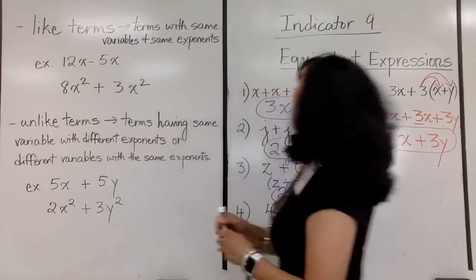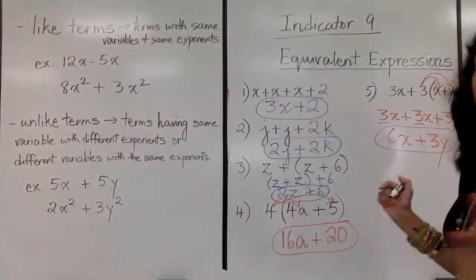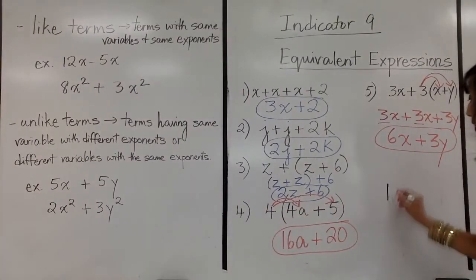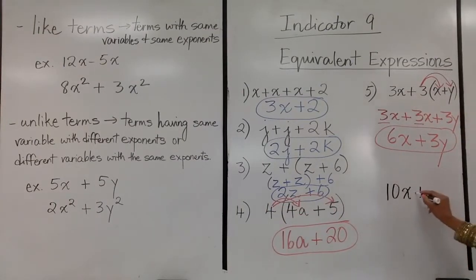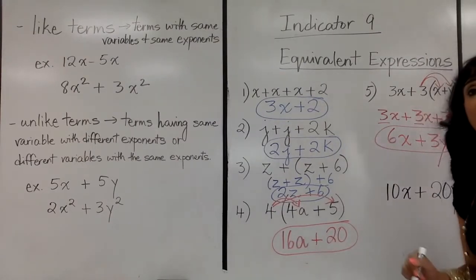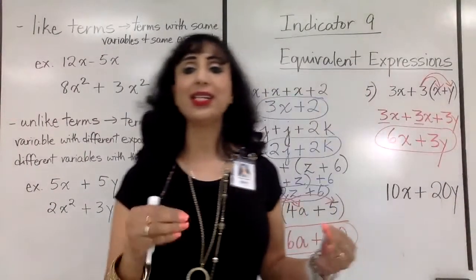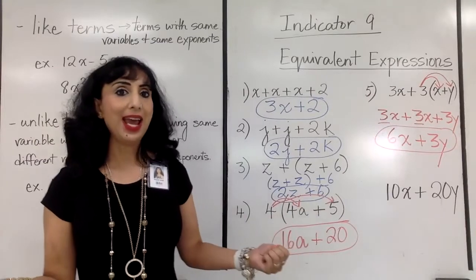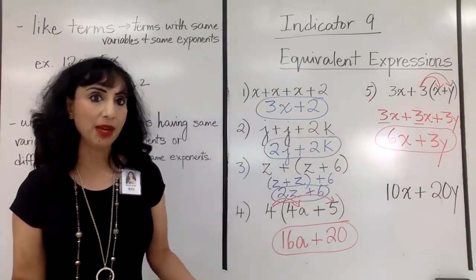And one last thing also I want to show you is factoring. So if I had, let's say, 10x plus 20y, and it said find an equivalent expression, I could look at 10 and 20, and I can see that 10 is something which is common, right?